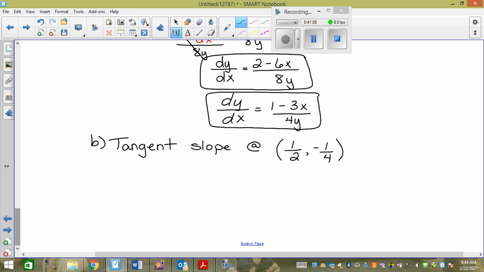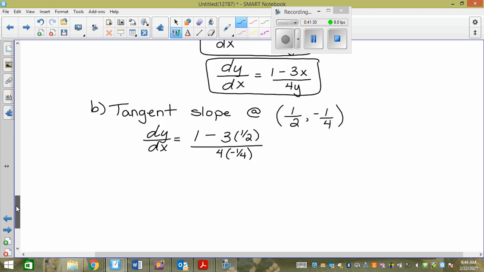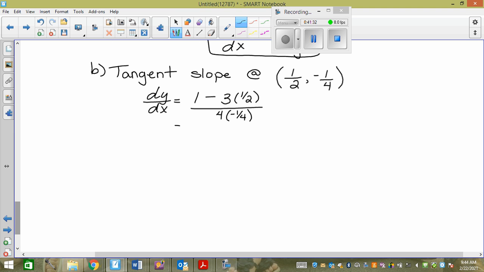All right, so we're going to go dy over dx equals 1 minus 3 times 1/2. Now please try and do this without your calculator, because half of your test does not have a calculator, right? So you have to be able to do fractions without them. So practice without it at first. So we're going to get 1 minus 3 over 2.